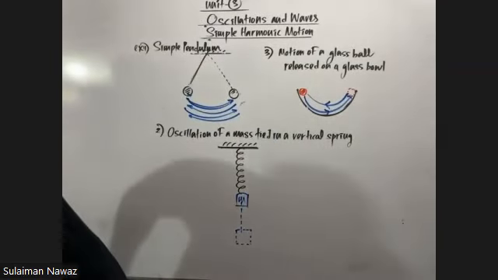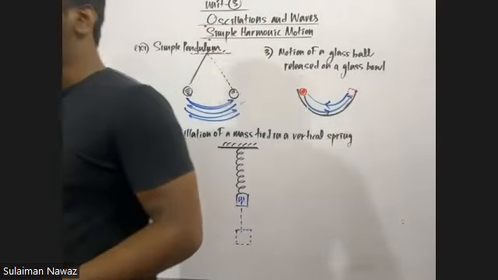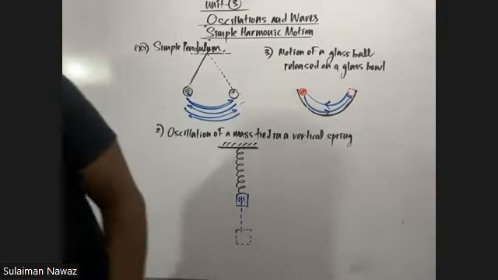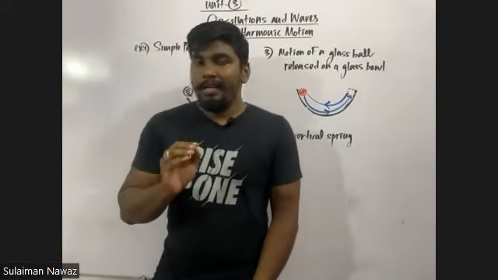Now write down the definition of simple harmonic motion. Red color pen. Write down, it's very important.